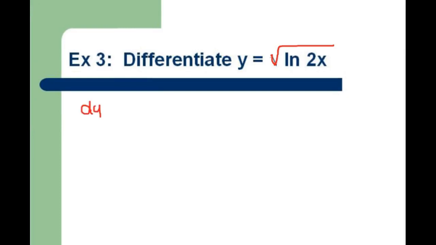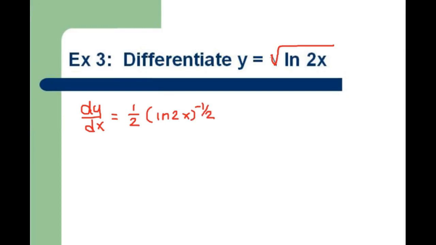So dy dx is the derivative of the outermost function first. So that's the square root. So we're going to start by taking the derivative of the square root. So that's 1/2 ln 2x to the negative 1/2.